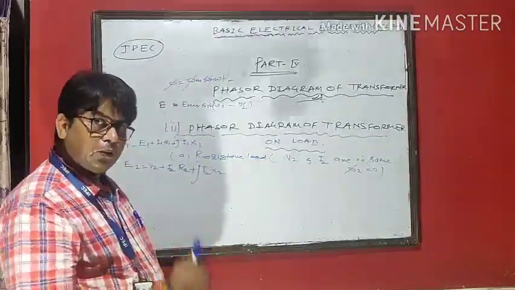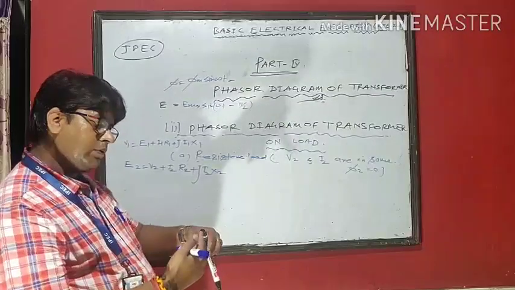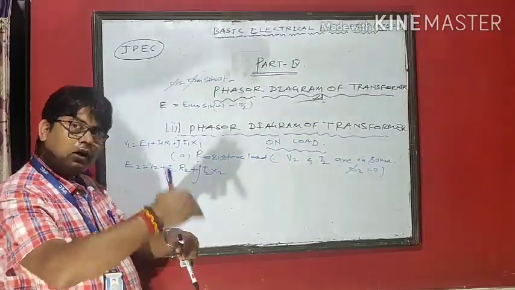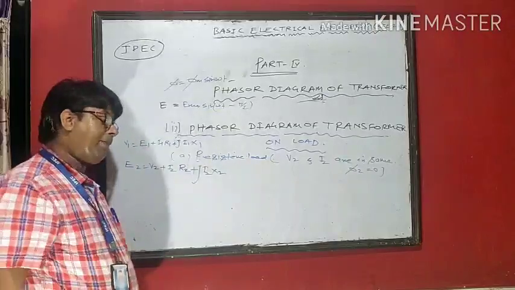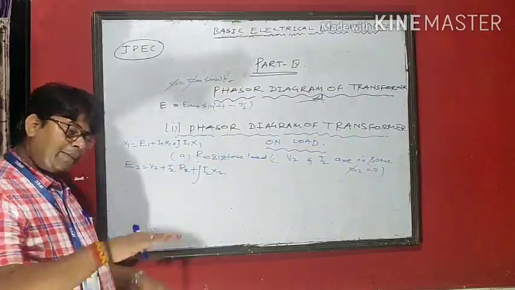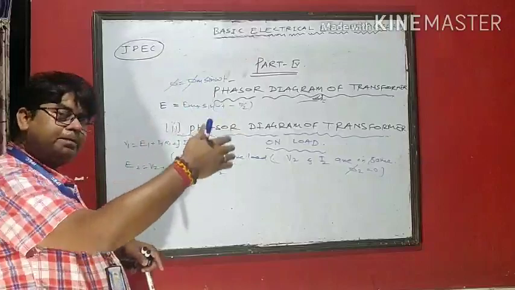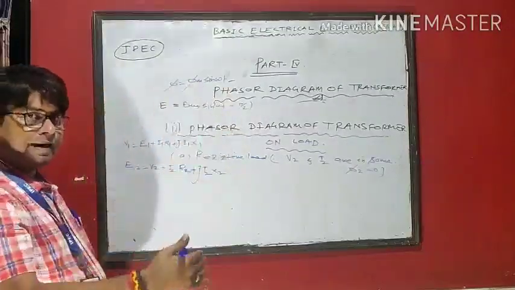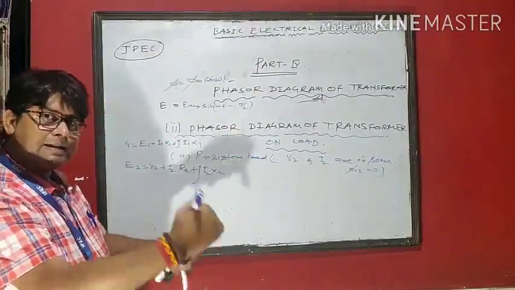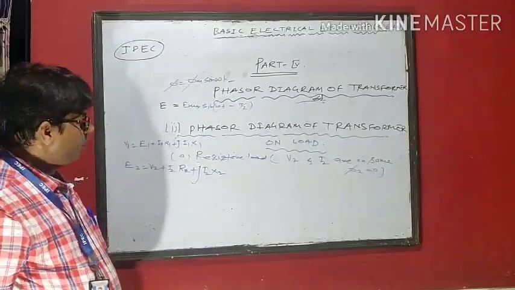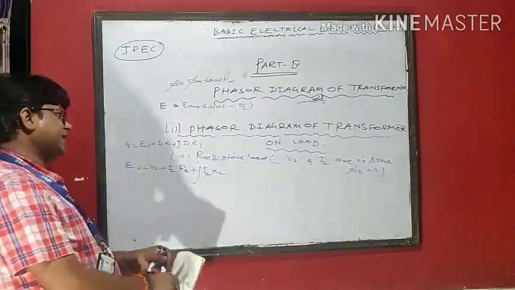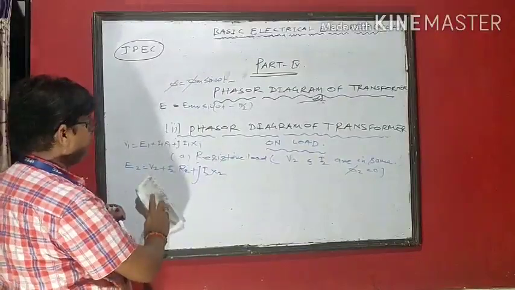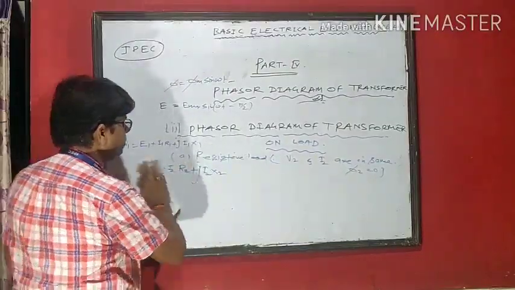Only E1 is below, so E1 can be transferred above the reference line. So for understanding purposes, above the reference line I'll draw the primary equation, and below the reference line, the secondary. Understand?